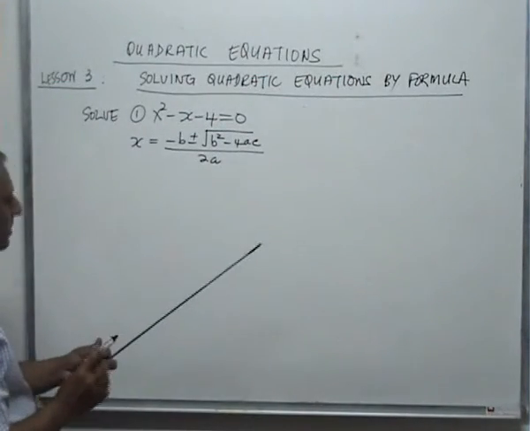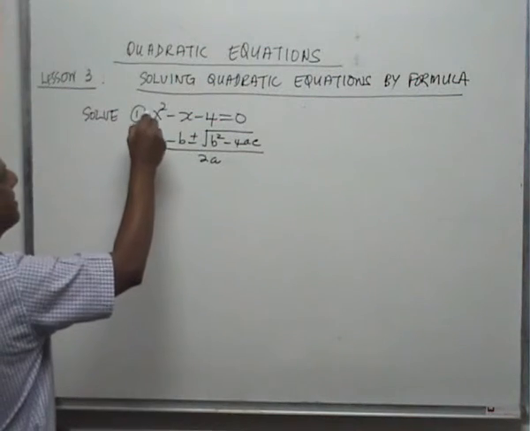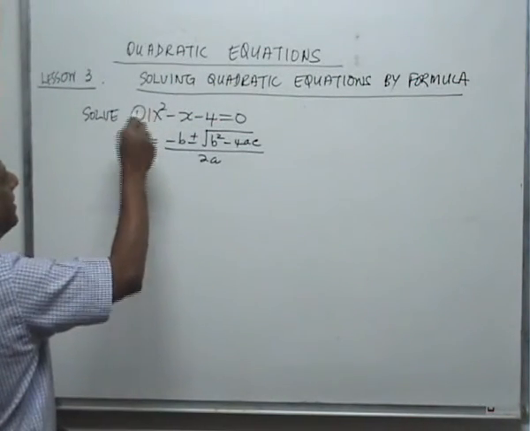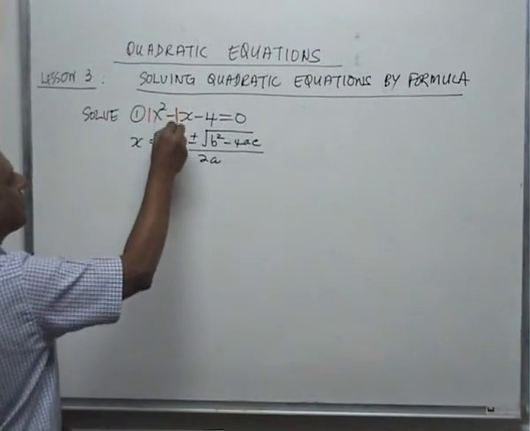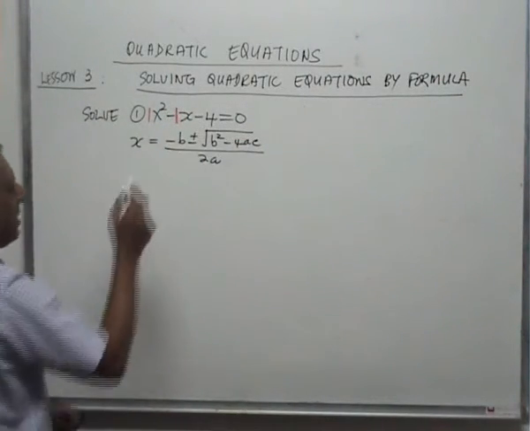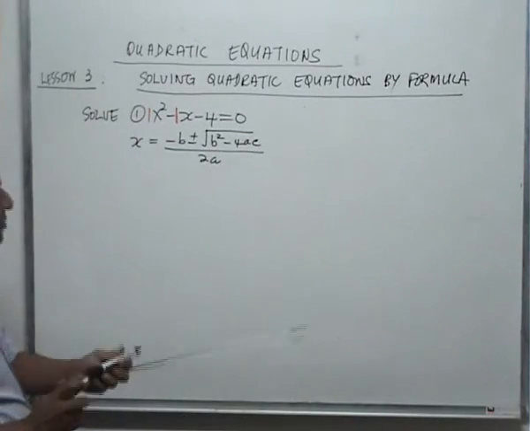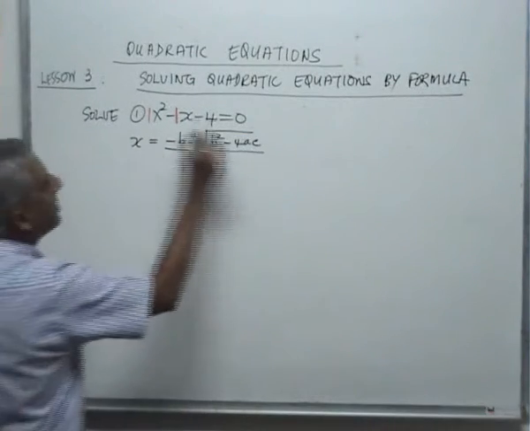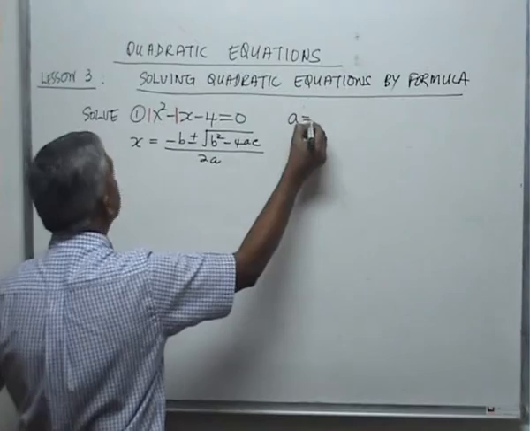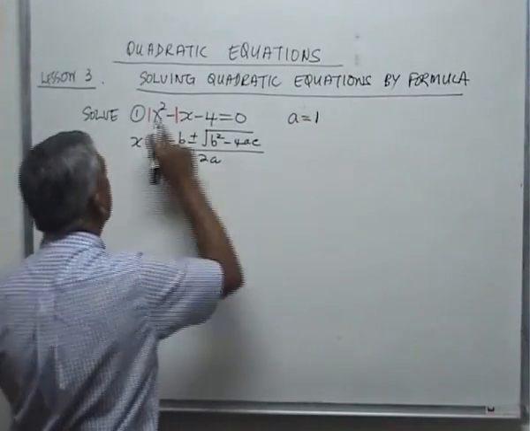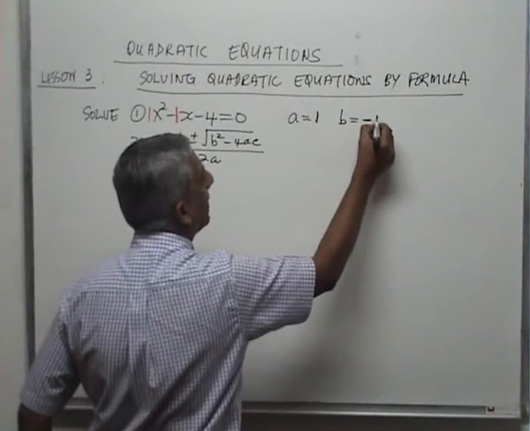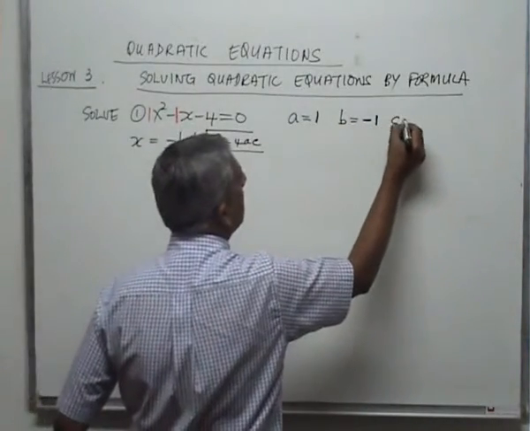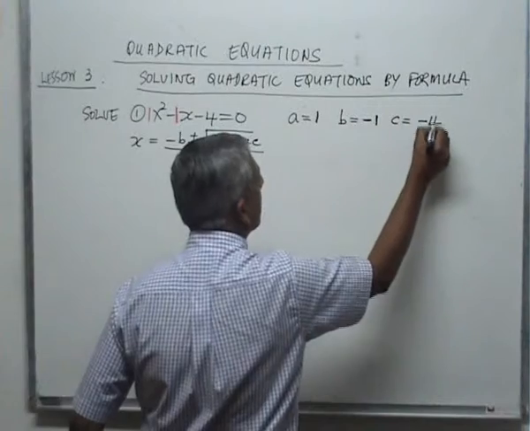Well, in this example, a is 1, it's understood. b is minus 1 and c is minus 4. So let's write that down. In this example, a is 1, b is minus 1 and c is minus 4.